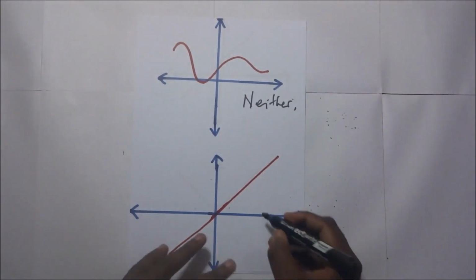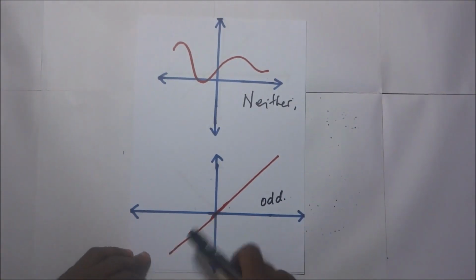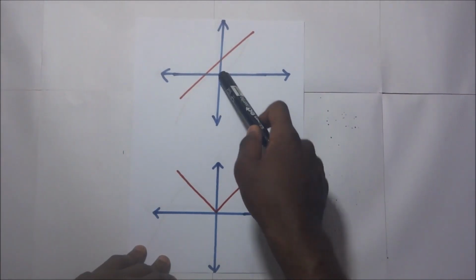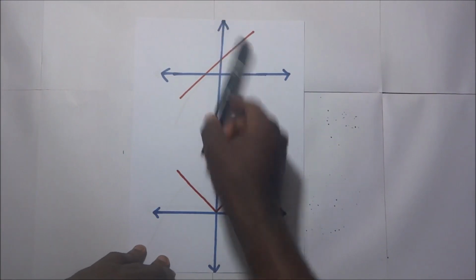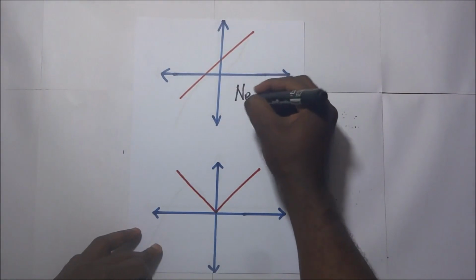So it means that this is an odd function, since it has a rotational symmetry about the origin. If you look at this one, it does not have a rotational symmetry about the origin, and it is not symmetrical about the y-axis. So this one is neither odd nor even.